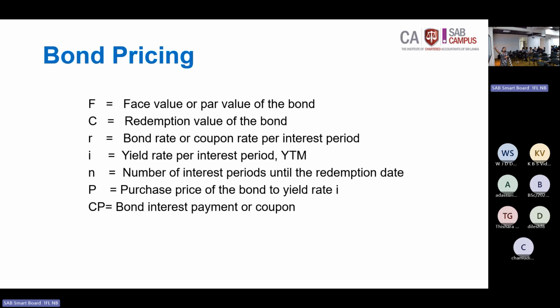For the face value, we take the letter F. Redemption price, the redemption value of this bond, we normally take as C. The coupon rate is called R, and the yield to maturity, I, or required rate of return. N equals the number of time periods, P equals the purchase price when issuing the bond, and CP means coupon payment.